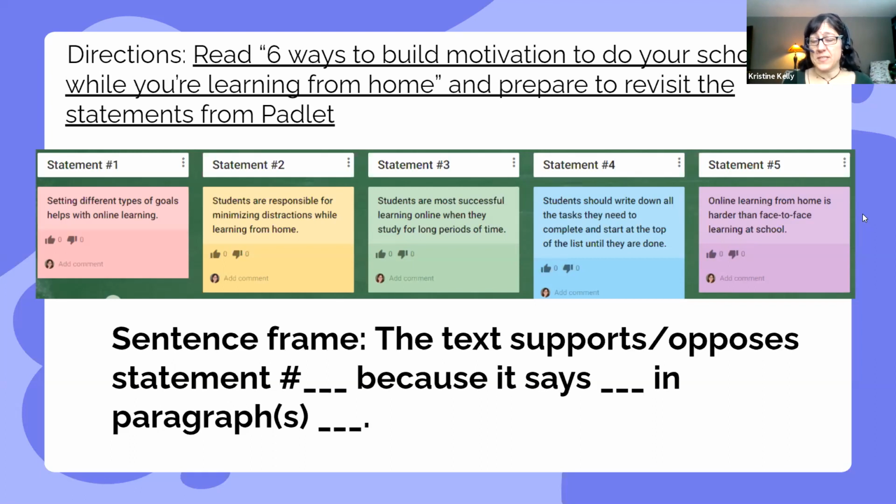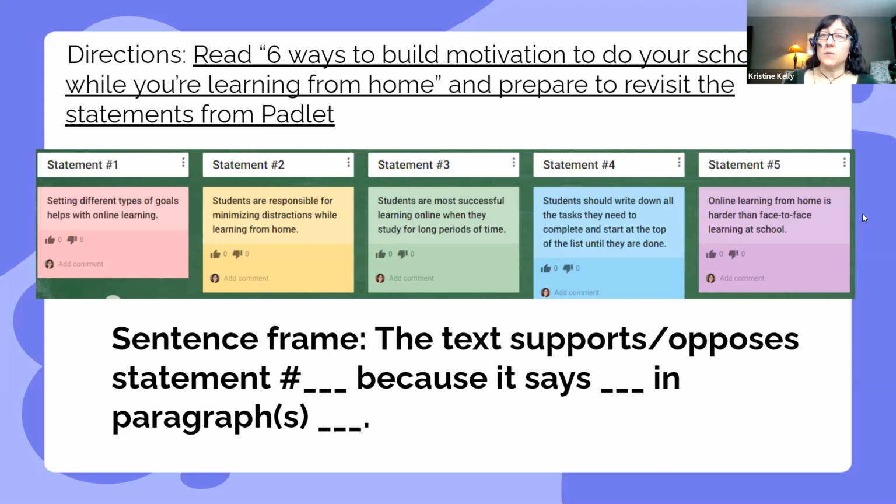Often what I will do with this is it won't all happen in one sitting. For example, we might do the Padlet together synchronously in class and talk a little bit about that. Then I might post the text and this sentence frame as an assignment in my Google Classroom, so students have some time to work with the text and think about how to answer the question.